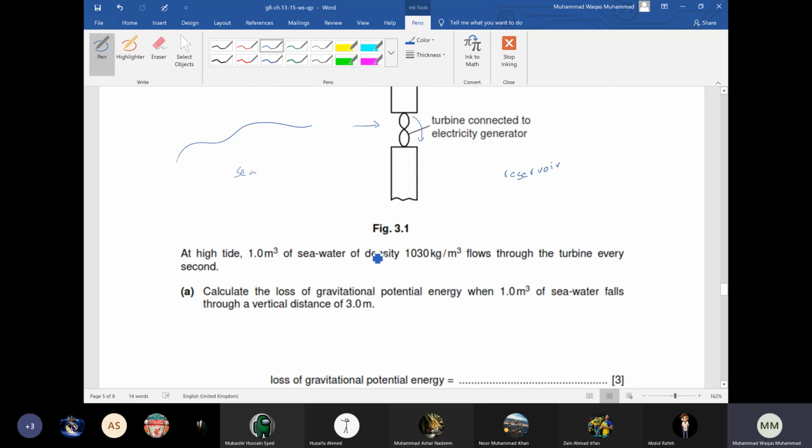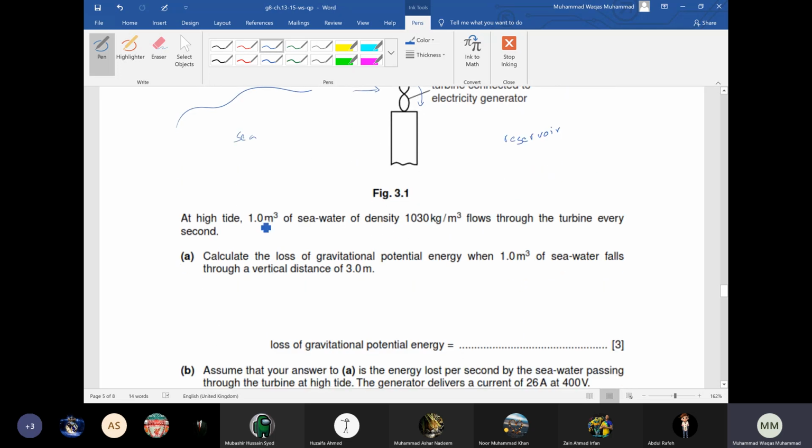Now, at a high tide, 1.0 times 10 to the 1.0 meter cubed of seawater of density 1030 kilogram per cubic meter flows through a turbine every second. Calculate the loss of gravitational potential energy when 1 cubic meter of sea water falls through a vertical distance of 3 meter.